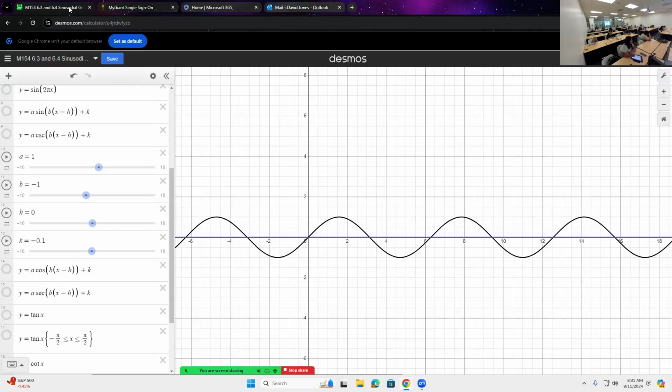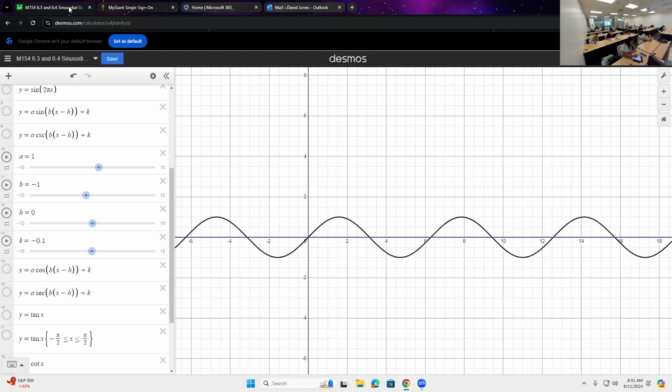Okay, so when we're doing graphs, we like to talk about the domain and the range. Domain was all the possible inputs of x. And we saw when we zoomed out that the graph kept repeating as we went left or right.